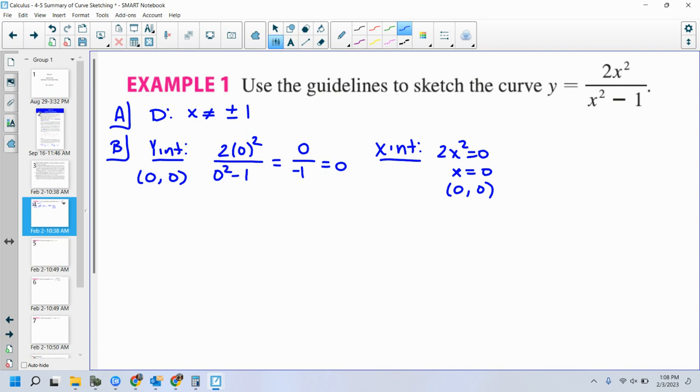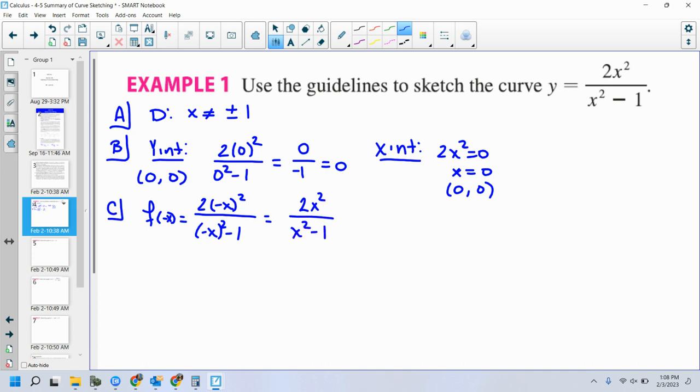Part C says to find the symmetry, if there is any. So let's plug in -x. That's going to be 2 times (-x) squared over (-x) squared minus 1. What's nice about this one is that they're both squared, aren't they? What happens to my negatives? They go away. So 2x squared over x squared minus 1.